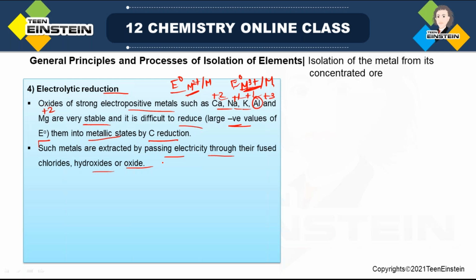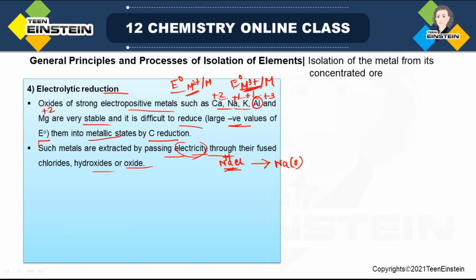Okay, here when we are saying that we are using electricity through their fused chloride, just take, for simplicity, the example of NaCl. So NaCl, it is in +1 state. Now we are using electrical energy to forcefully convert this Na+ to Na0, because otherwise it is not very easy to convert from +1 state to 0, because it is always trying to remain in +1 state, not 0 state.